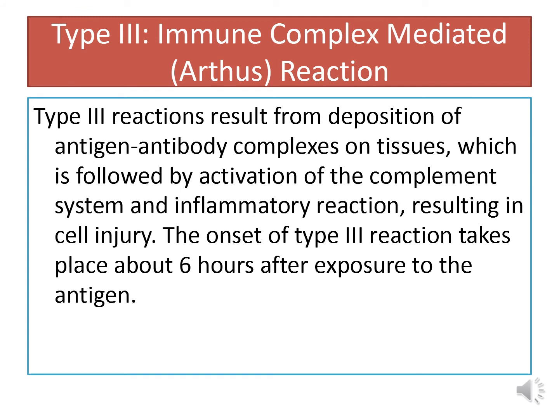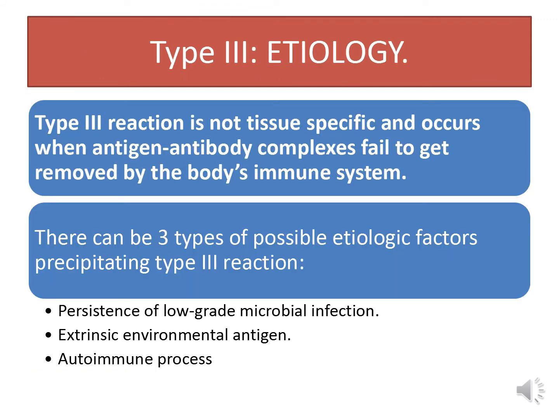That is important for us as pathologists as we see this cell injury. The onset of type 3 reaction takes place about 6 hours after exposure to antigen. Type 3 reaction is not tissue specific, and occurs when antigen-antibody complexes fail to get removed by the body's immune system.